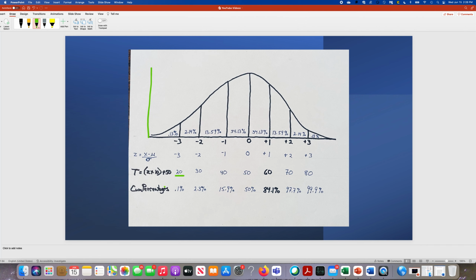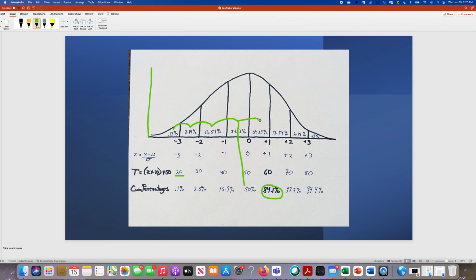Now let's look at the cumulative percentages, and that's what I want to do here. 84.1%. Where did we get that? If we were to add the 0.13 to the 2.14 to the 13.59 to 34.13, that would get us the 50th percentile, 50% of our data set.